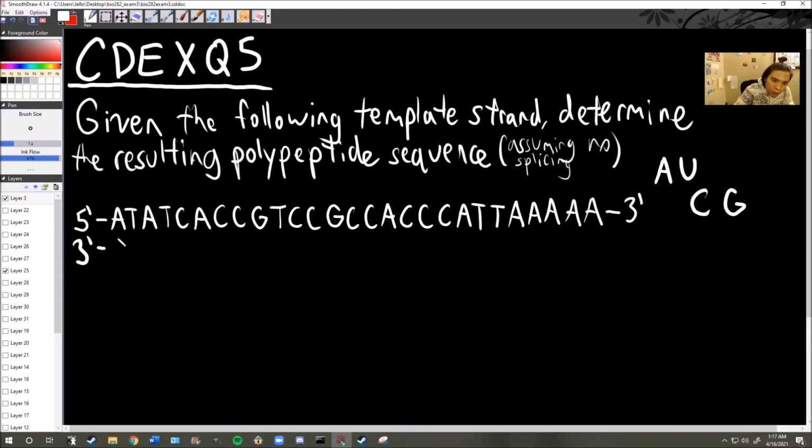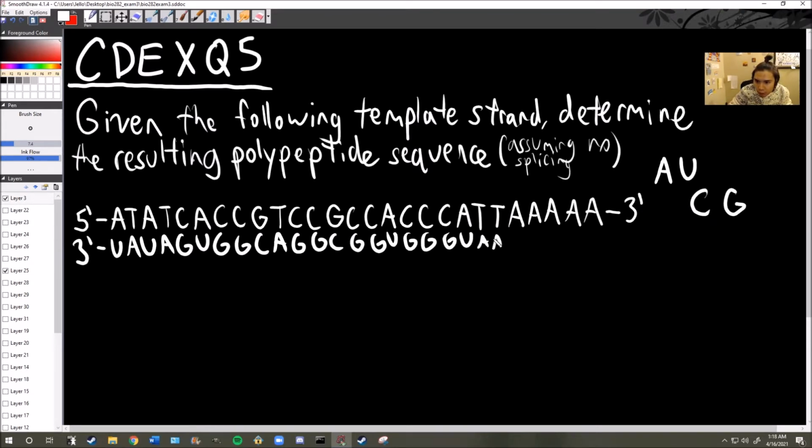Weird. So yeah, let's start. U goes with A, and then that would go with A. Okay, cool. So now this was our template, and using it, we got our mRNA.